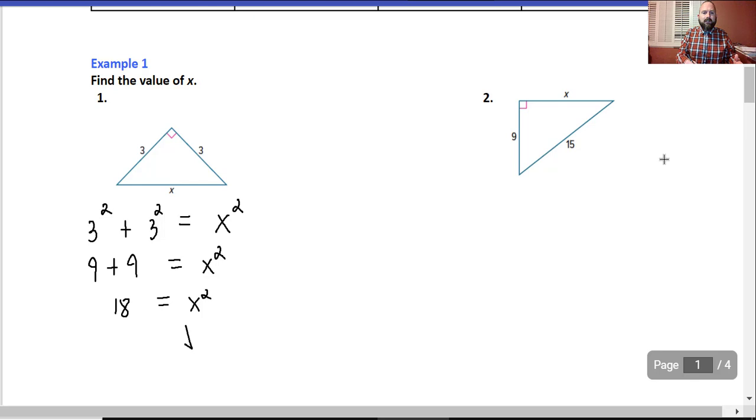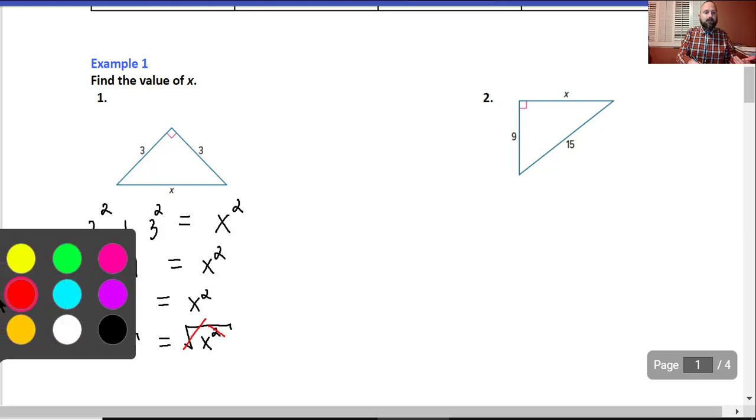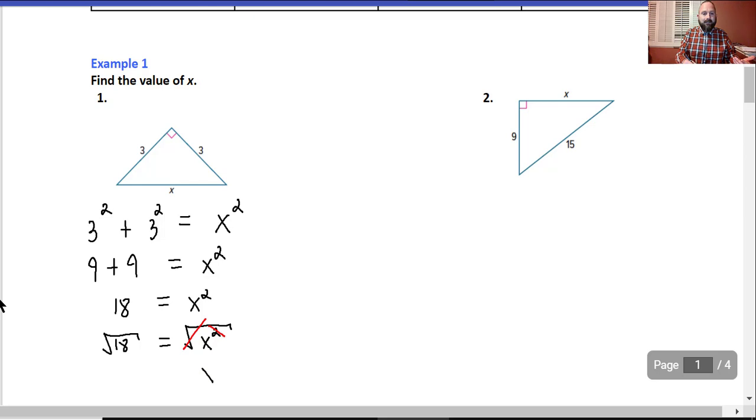To get rid of squaring, we're going to find the square root. And so that's going to cancel out. The right side right here is going to cancel out. But this 18, the square root of 18, that's not going to be so nice. All right, so this square root and the square cancel out. So I'm left with x.